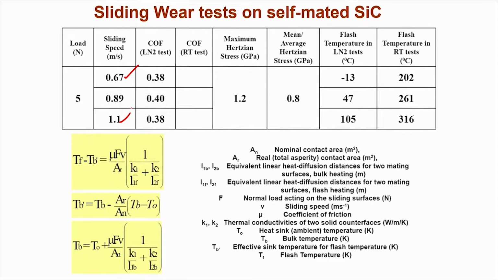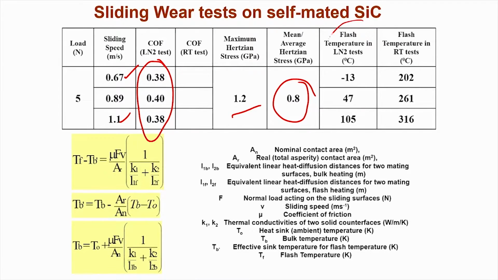Similar to earlier case studies, here we have varied the sliding speed from 0.67 meter per second to 1.1 meter per second, and if we keep the load at 5 Newton, we have found that the coefficient of friction is around 0.38, so close to 0.4, which is relatively higher compared to some of the metals. The Hertzian contact stress is 1.2 gigapascal, and the mean average Hertzian contact stress was 0.8 gigapascal.